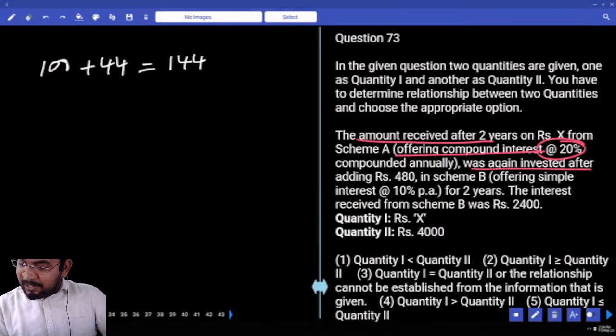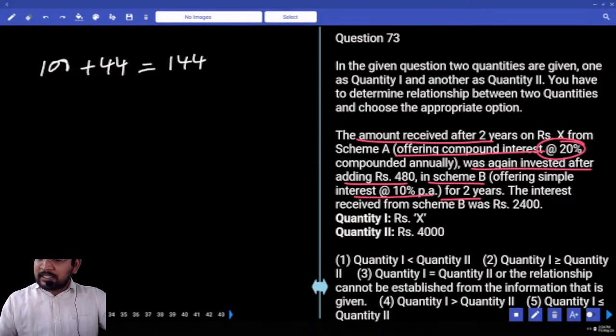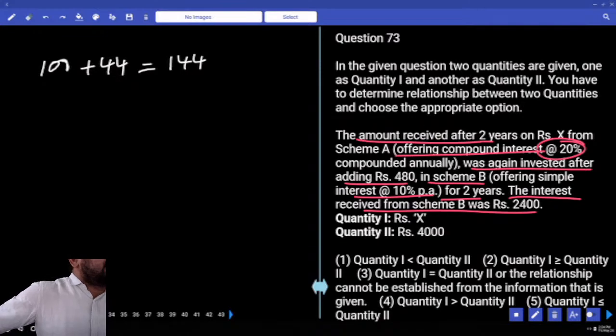Again invested after adding 480 rupees in scheme B, for how many years? Which interest, compound interest? Simple interest. The interest received from scheme B was how much? 2400. Look at it here. 2 years simple interest at 10% is nothing but 20%.